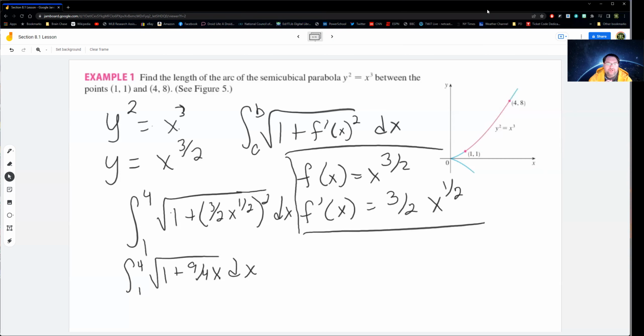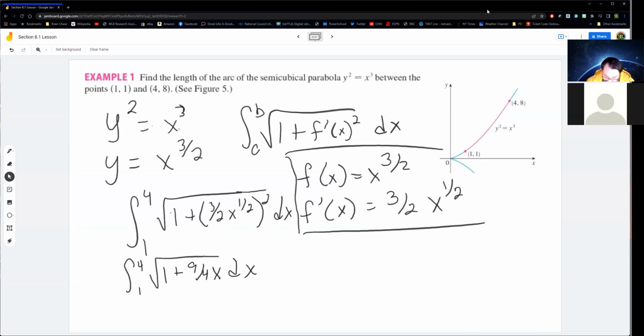That makes sense, but we're going to use u substitution. Remember, once you've simplified it as much as you can, look at u substitution first. If you can't use u substitution, then go on to some of the other methods.